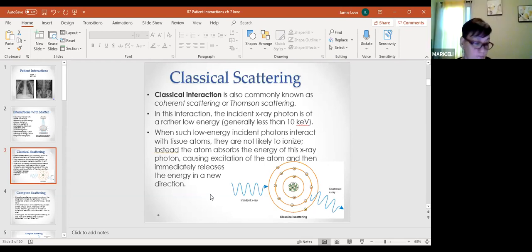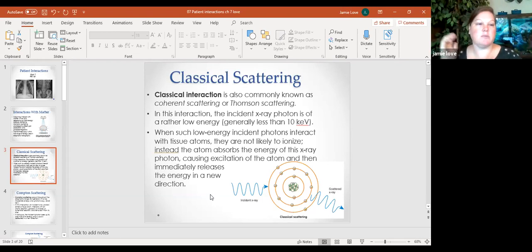So we don't want these. They're not helpful. So we get rid of them before they can get to the patient by filtration in the tube. So that's 2.5 millimeters of aluminum to stop all these low energy coherent or Thompson scattering from happening. So we don't have this, hopefully, happening in our patient's skin. So does that make sense? That's why we have that added filtration, that aluminum and everything in the tube.